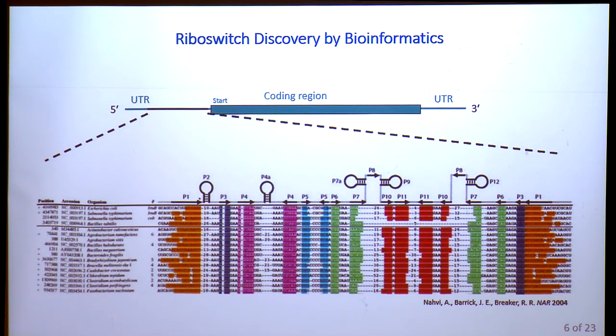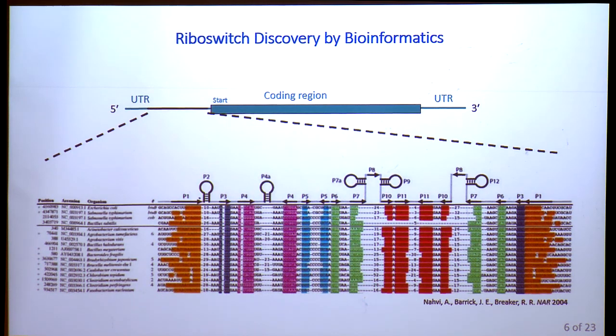There have been over 100 families of riboswitches that have been found, but many of them don't have ligands that are identified because the downstream genes are not identified. They're called hypothetical protein. And so we don't really have an idea of what the metabolite is that the riboswitches could be binding.